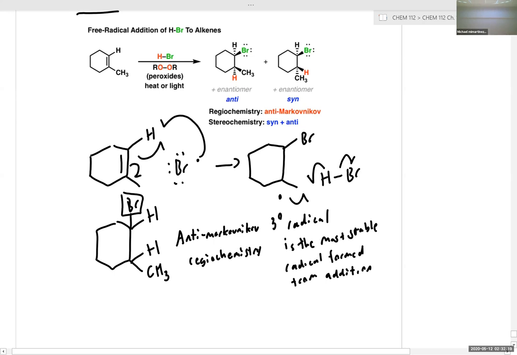Does that make sense to everyone? Can everyone see how we are observing anti-Markovnikov selectivity, where our bromine ends up on the least substituted carbon?